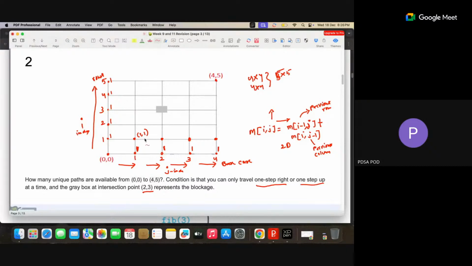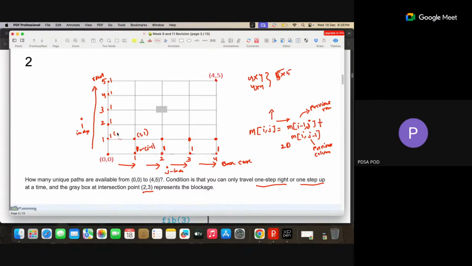Let's take this example. Current I j is 1 1. Is it right? So I minus 1 and j is the same, so this one we are getting. Similarly, I is this, previous j means this one, j minus 1.